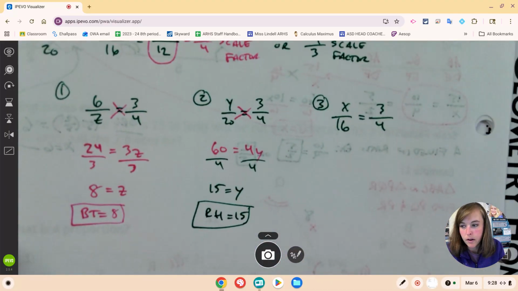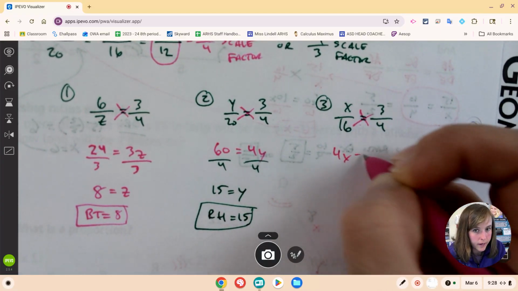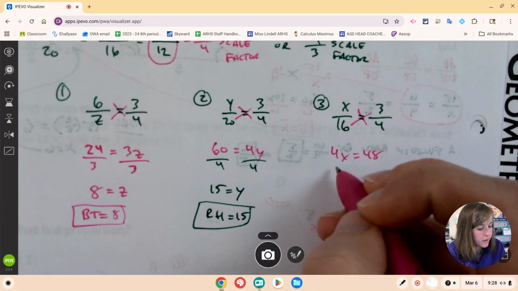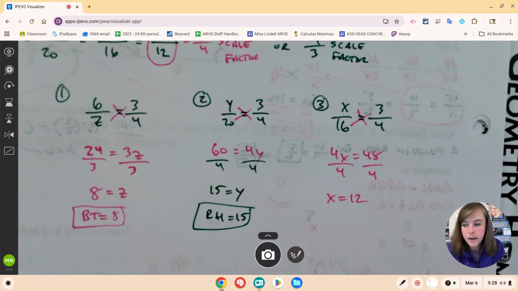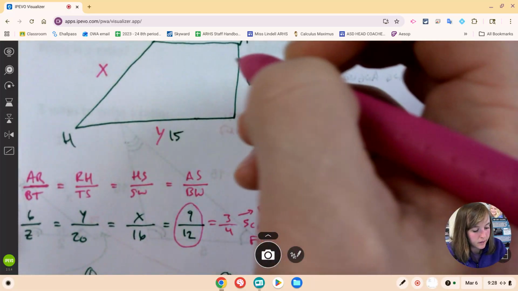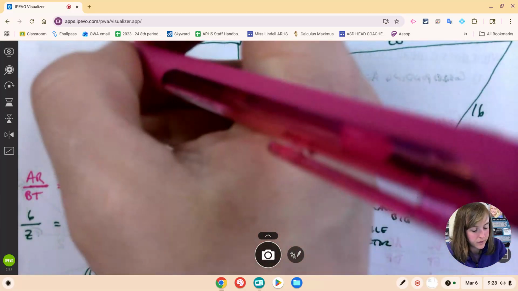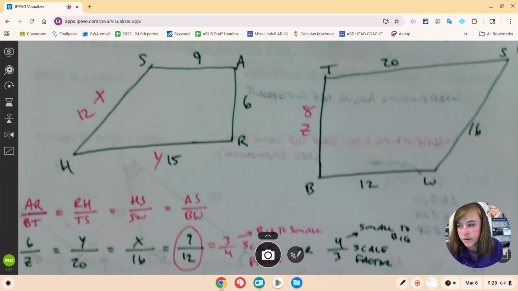All right, and then our last one, cross multiply, 4x equals 48, divide by 4, x equals 12, and if we look back at our picture, x was on HS, so HS is 12.